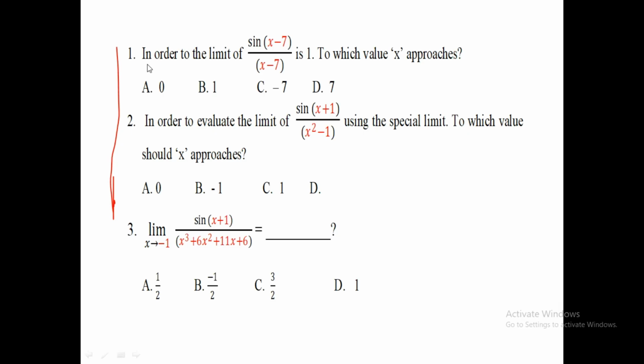Example 1: the limit of sine(x minus 7) over x minus 7 is 1, to which value does x approach? a 0, b 1, c minus 7, d 7.